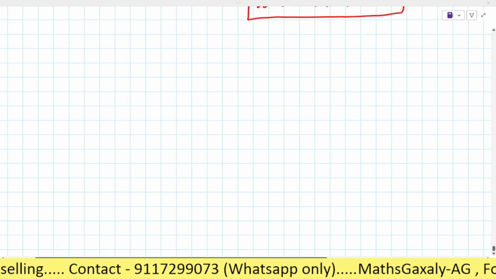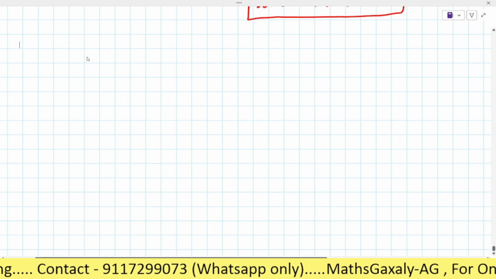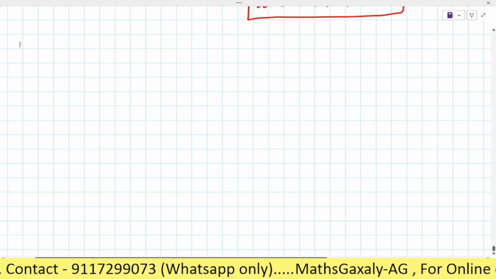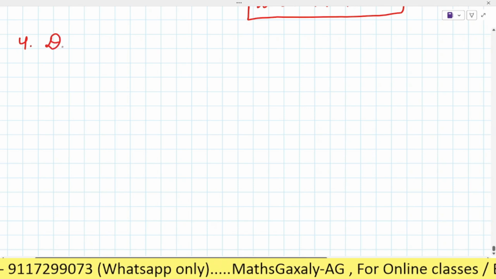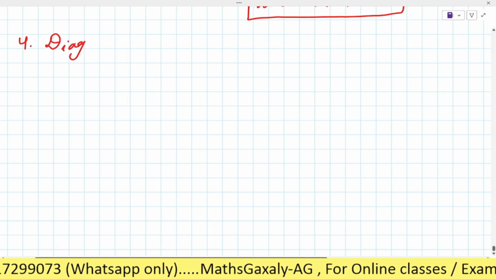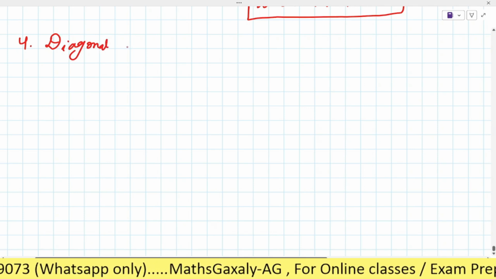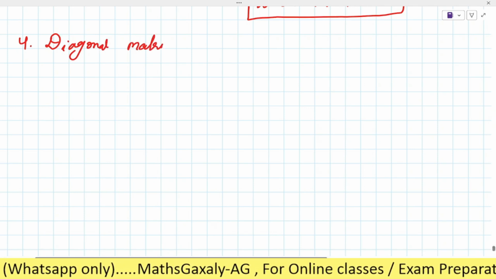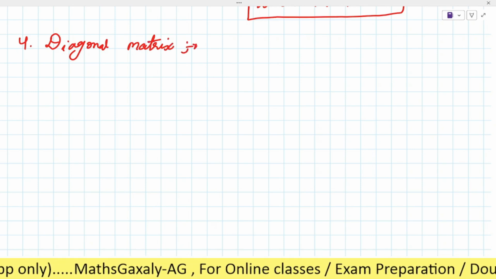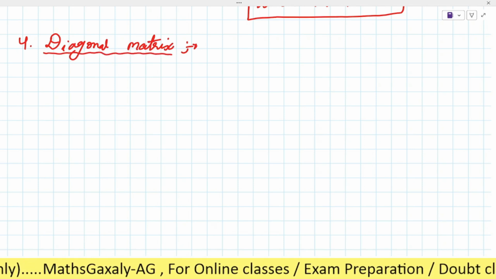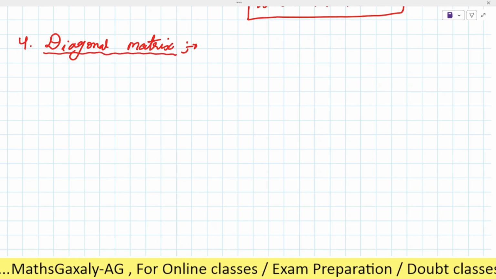Okay, let's see the fourth one: the diagonal matrix. By the name, you can easily remember it, as here it is written diagonal, right?